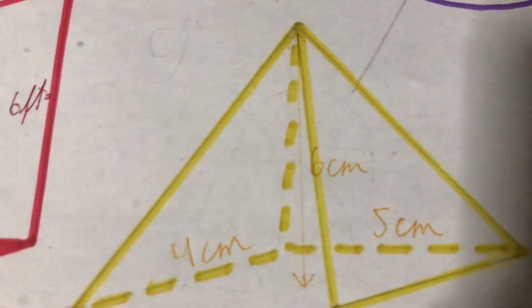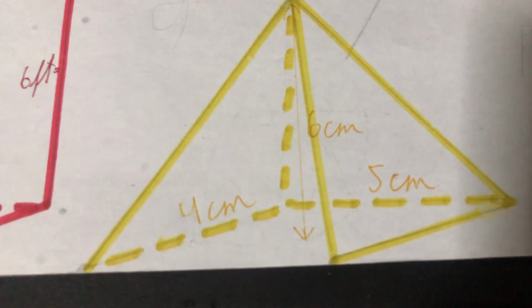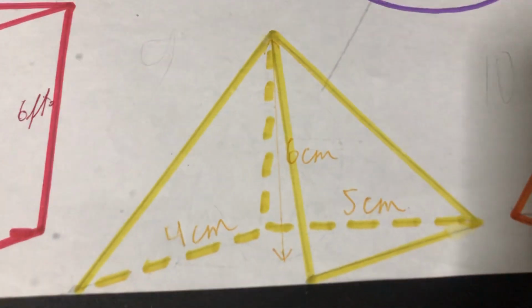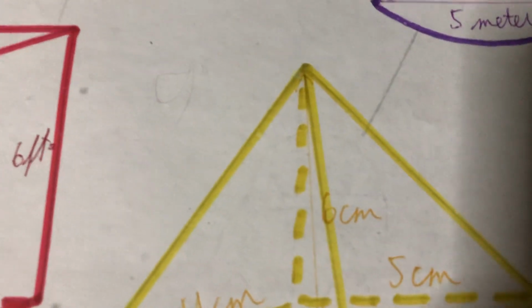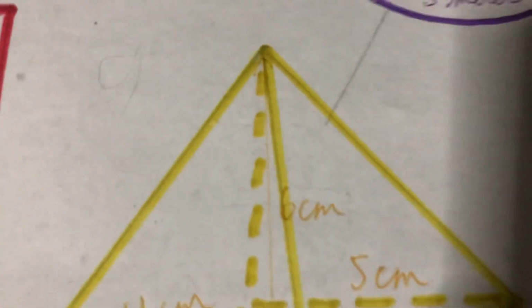Then later, let's do surface area. First, what is the volume of a pyramid? The volume of the pyramid is just like what you did with a prism. However, at the end, whatever answer you get, you will have to divide that by 3. So is this the formula? The formula is like this.